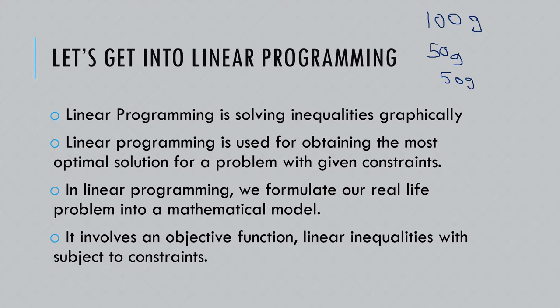So these are just 3 simple constraints for making a cake. So I have to build with this ratio, or maybe from this quantity of ingredients, a 1 kg cake.